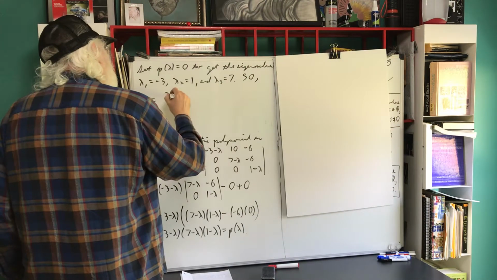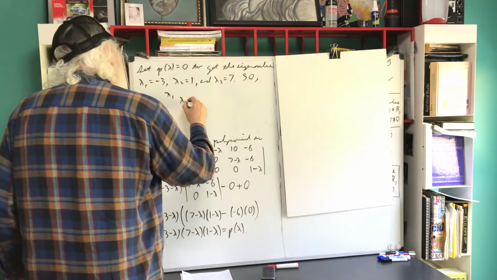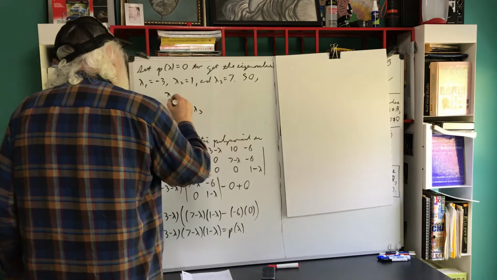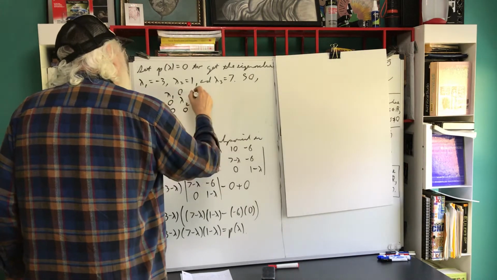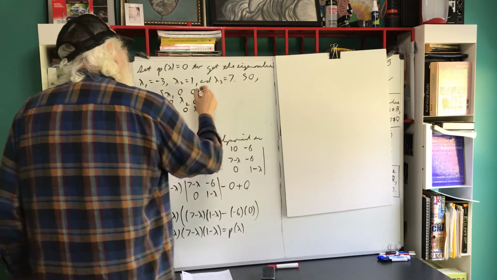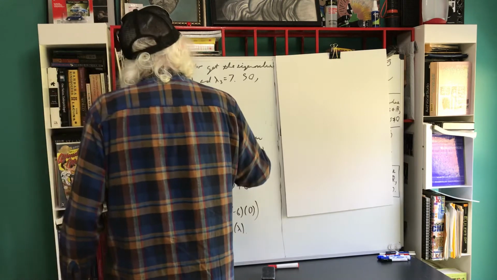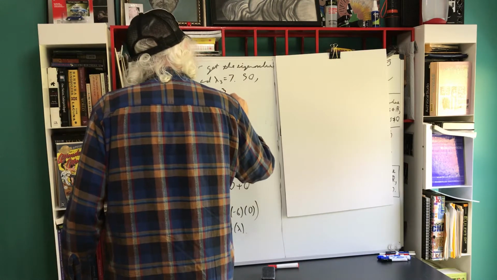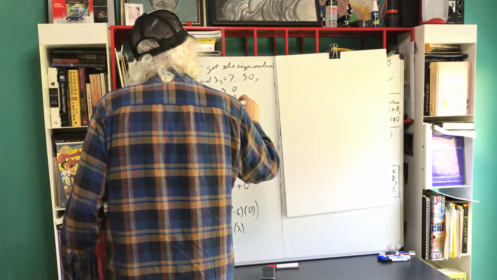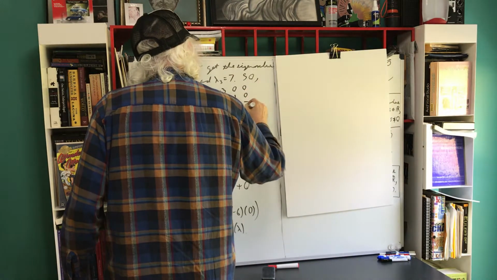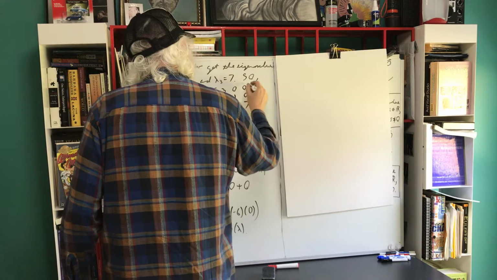We'll take matrix D to be lambda 1, lambda 2, lambda 3 along the diagonal and zeros elsewhere. So matrix D has negative 3, 1, and 7 as diagonal entries.